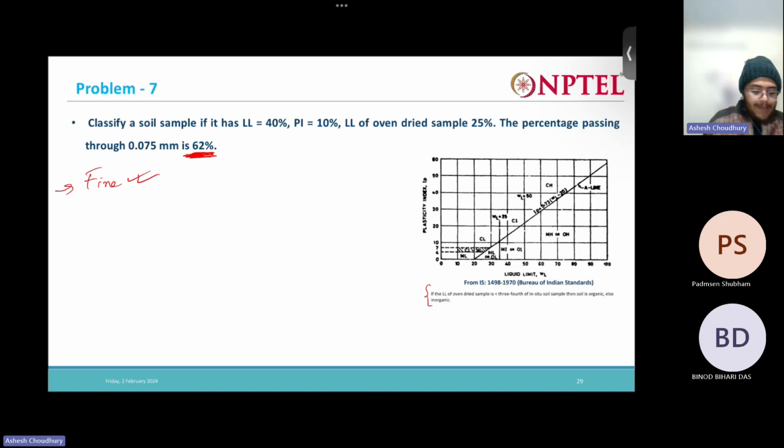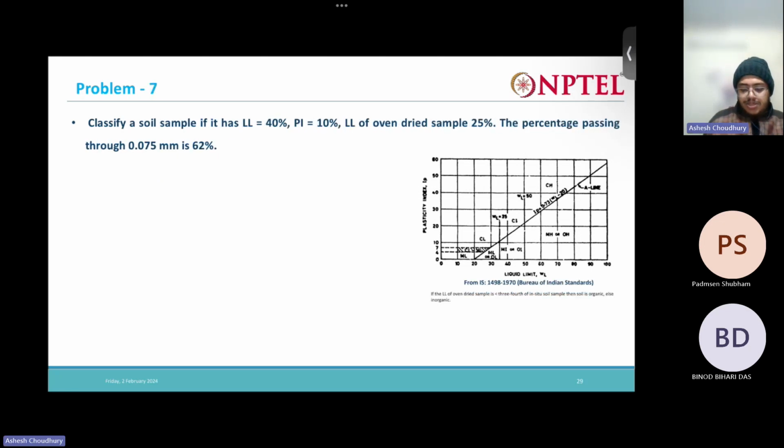We're seeing ML. ML you are saying? No, it's not going to be L. How are you saying this is L?